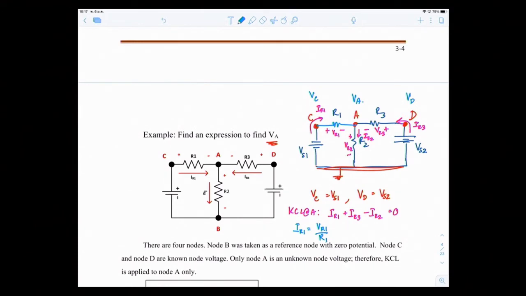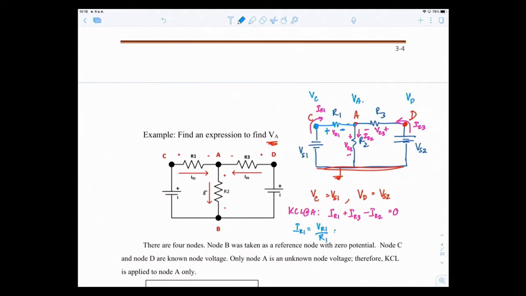VR1 is a potential difference between one point and another point. It's the potential at the point where the positive sign is, VC, minus the potential at the point where the negative sign is, VA.